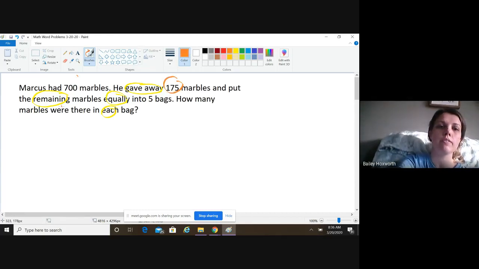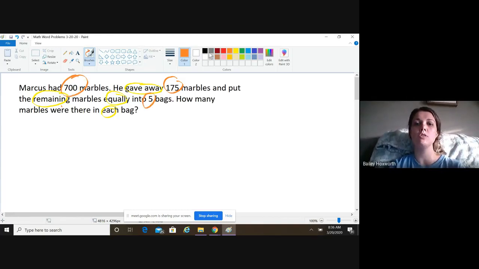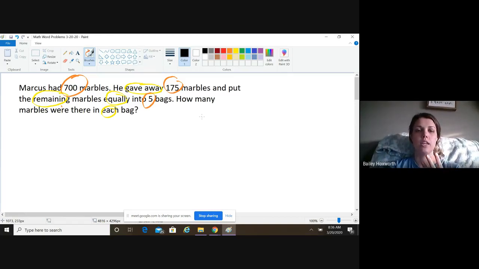I got 175, 700, and 5. So using my clues, I have 3 numbers. And sometimes when you have 3 numbers in a word problem, unless they're trying to trick you, that means you're going to do a 2-step. I also have a clue that I might be doing 2 steps with this problem because I have gave away and remaining, which means to subtract, but I also have equally and each.